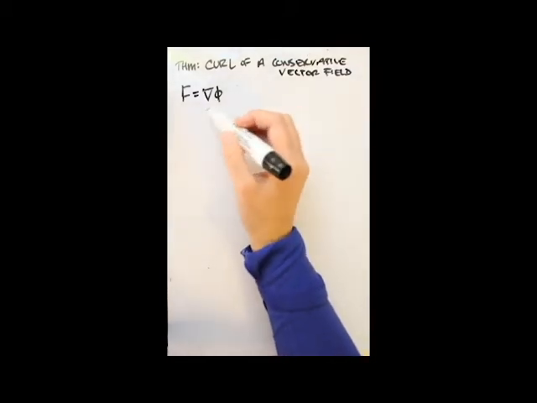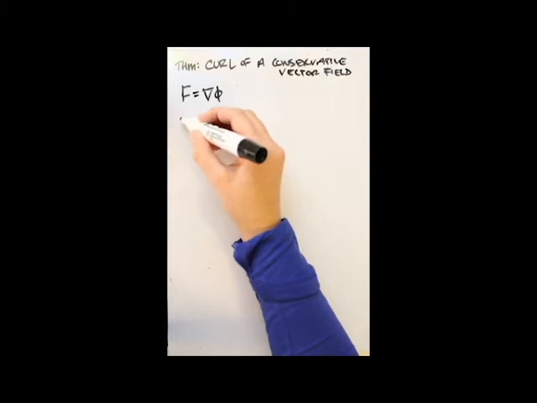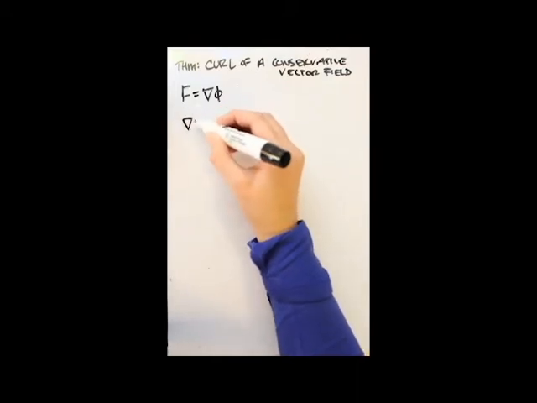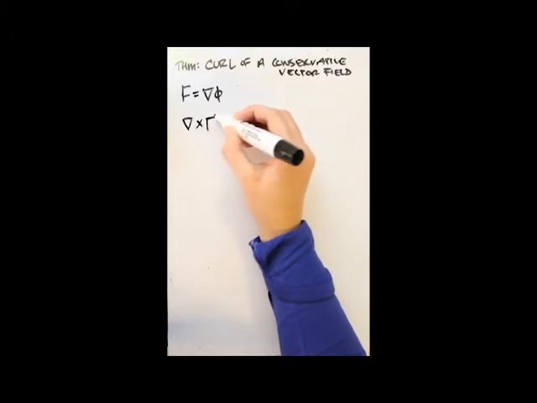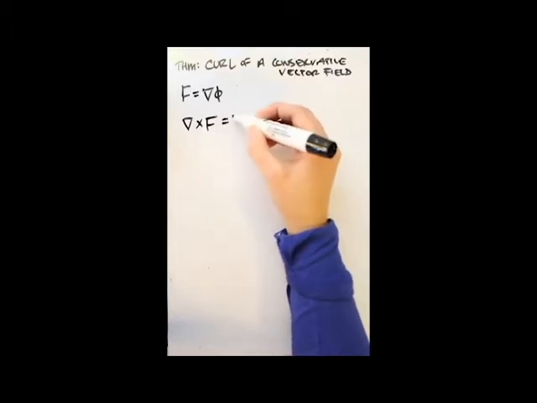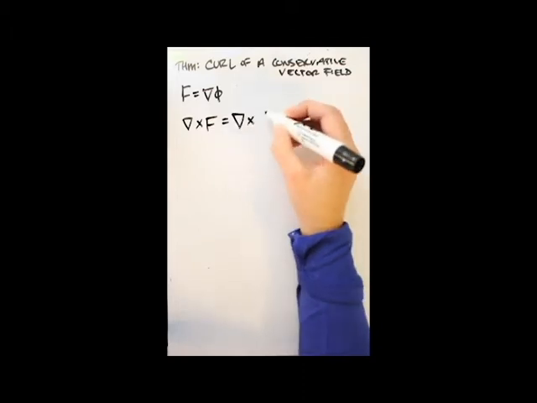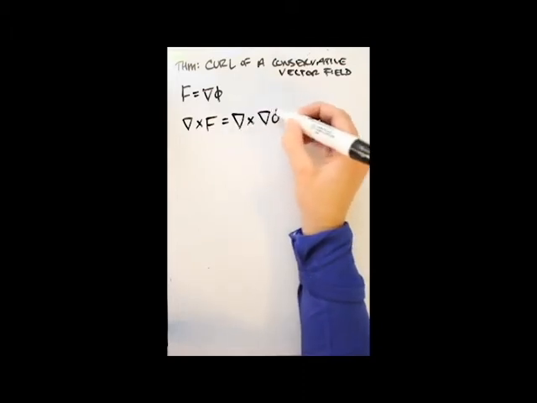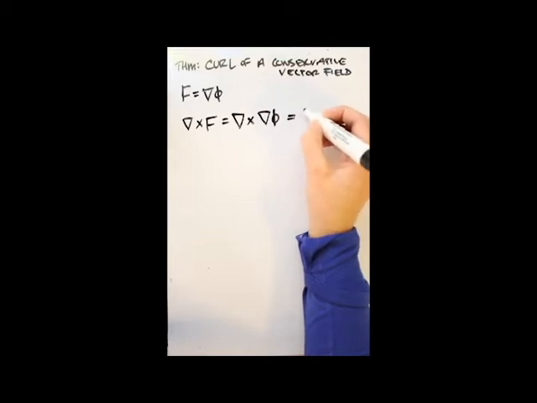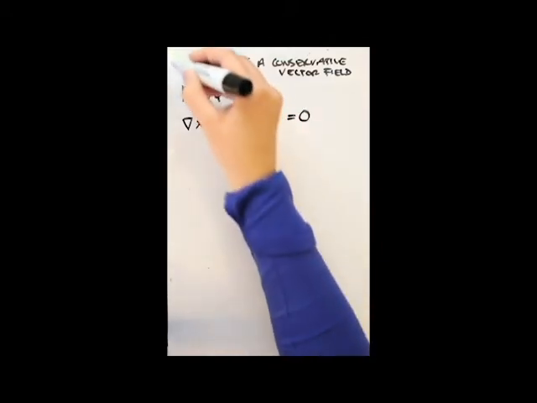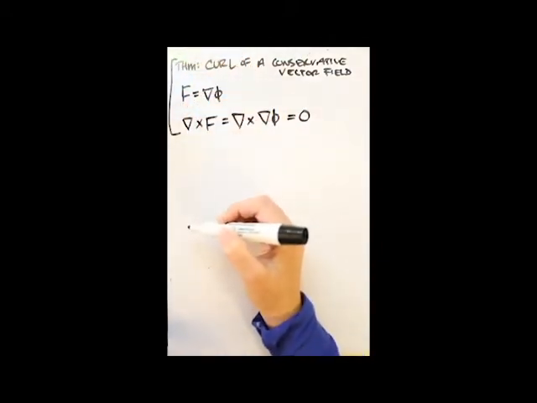This theorem states that the curl, the cross product of the del operator with f, if we replace f, is the del operator cross the gradient of phi, and this is going to be 0. Okay, so this is our theorem of interest.